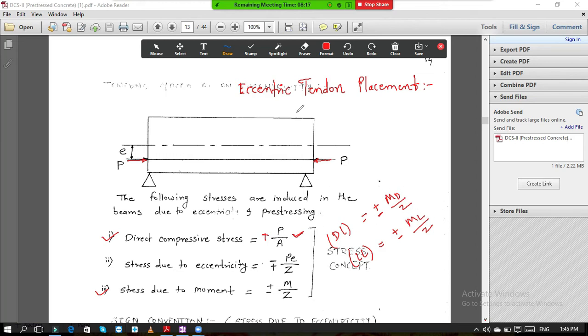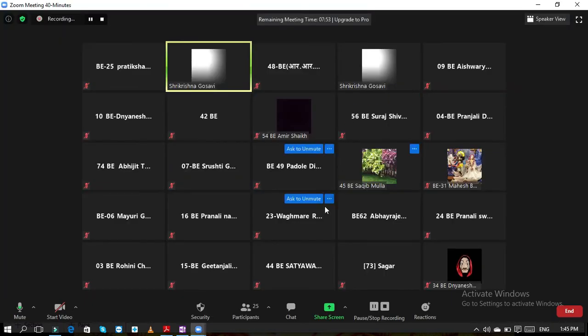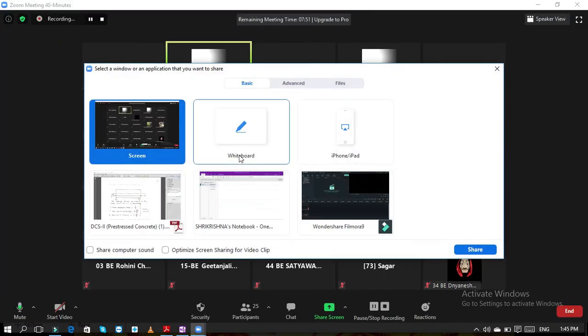All these things will remain the same. Only this is the additional thing. Now we will see from where we got this and why it is minus plus P e by Z. For that we have to go to a separate diagram so that you will understand it better.